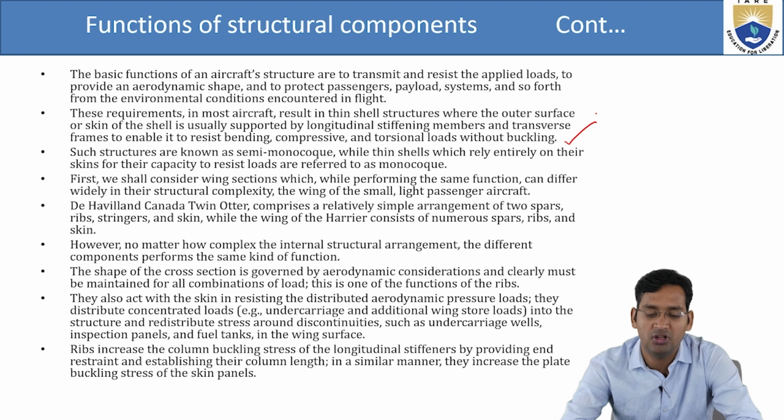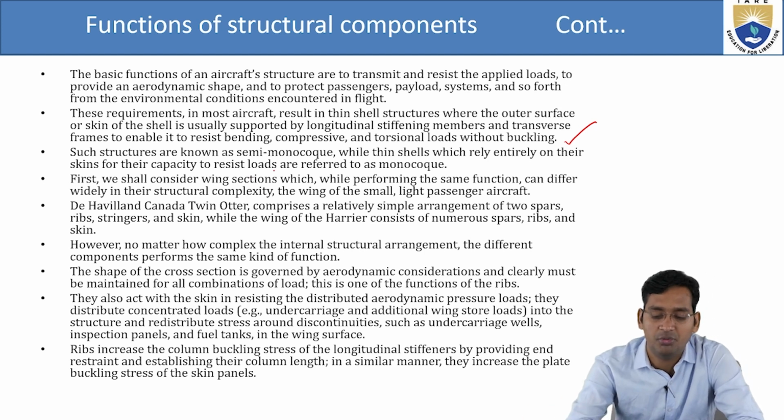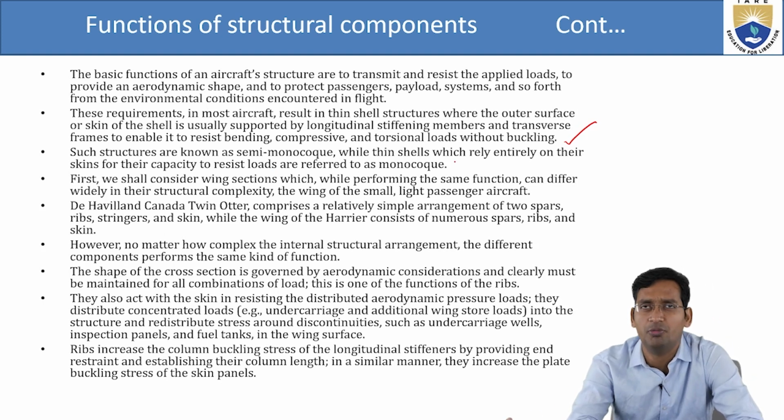Such structures are known as semi-monocoque, while thin shells which rely entirely on their skin for the capacity to resist loads are referred to as monocoque. Mono means one type, and semi means divided into two parts.